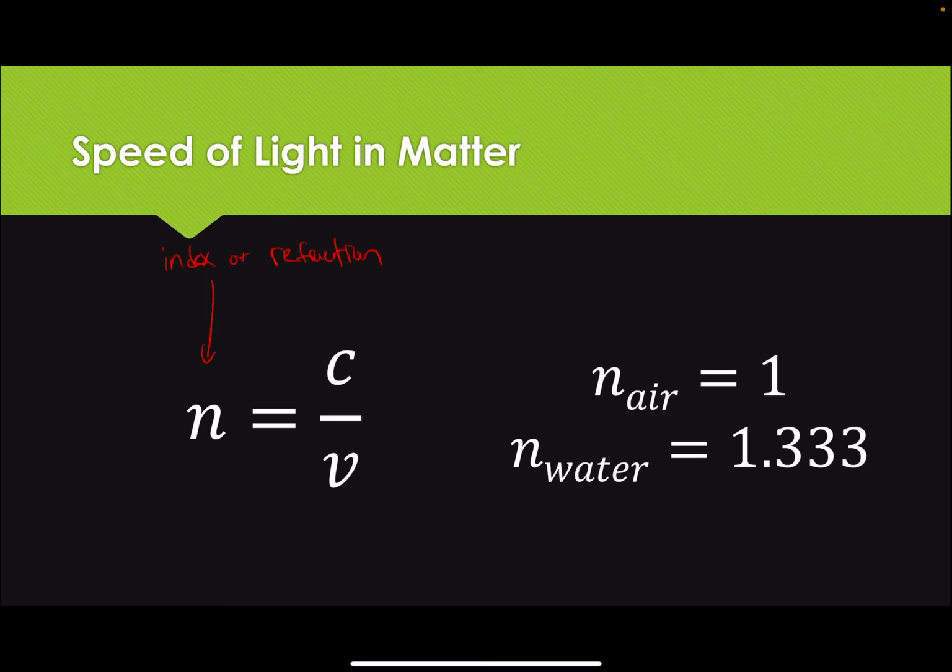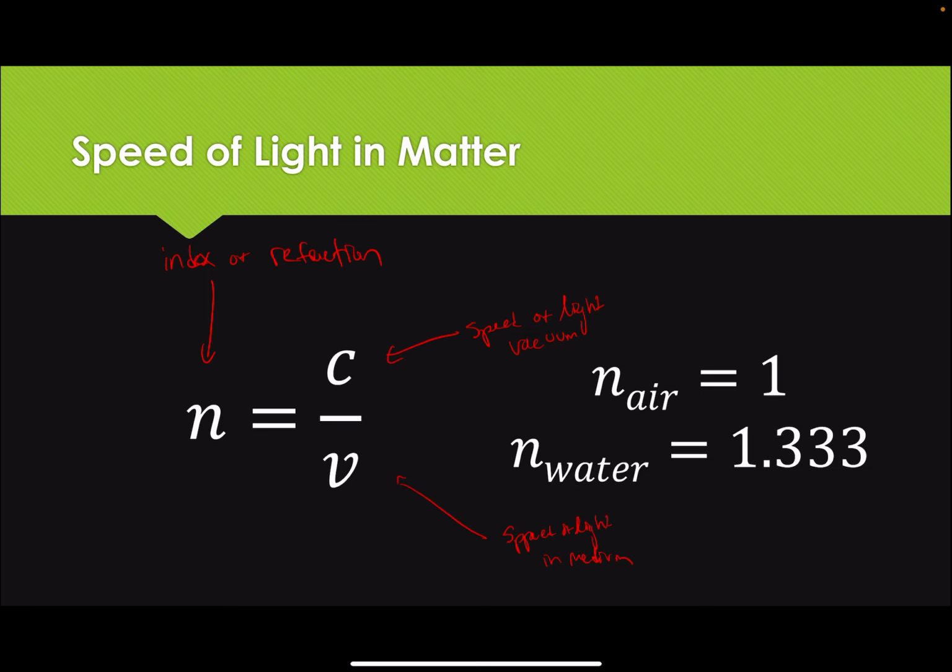We're defining it as the ratio between the speed of light in a vacuum divided by the speed of light in that material, in the medium.